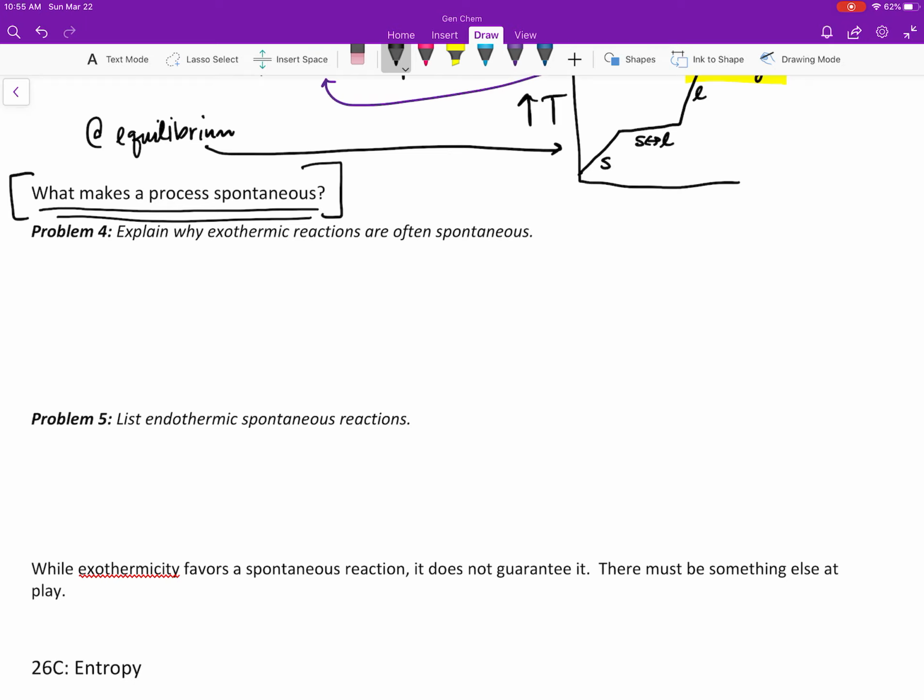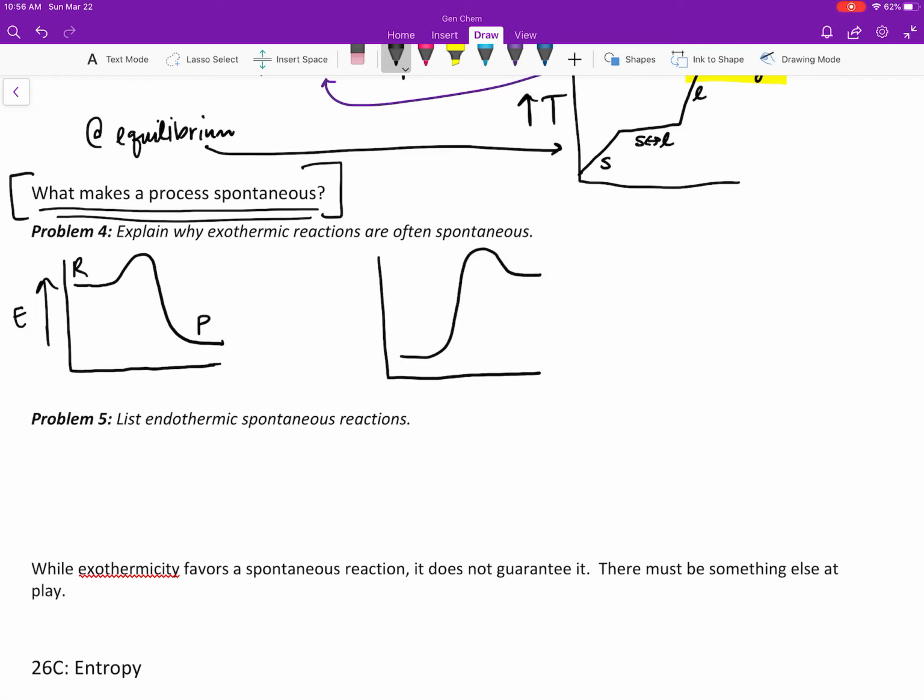So explain why exothermic reactions are often spontaneous. Well, in order to understand that, remember these energy profile diagrams we talked about with enzymes and catalysts and activation energies? Well, we had two different types. We had the kind where the reactants were higher in energy than the products, and then we had the kind where the reactants were lower in energy than the products.